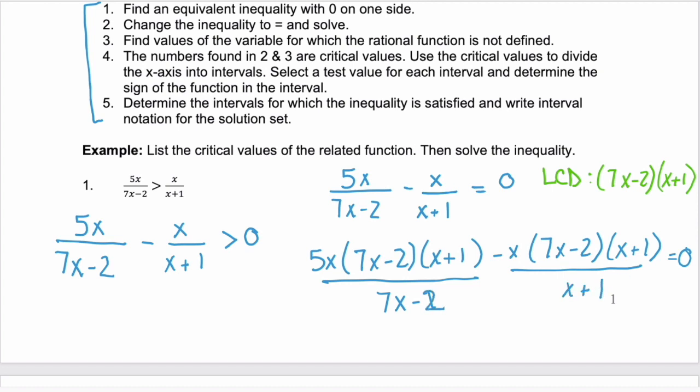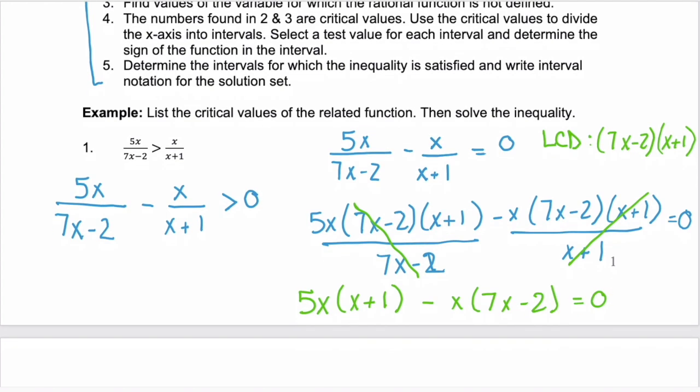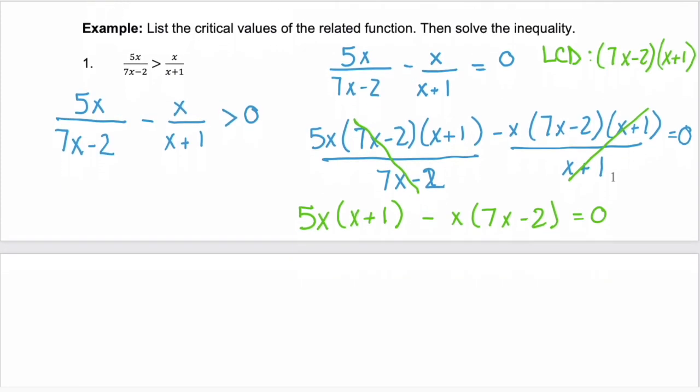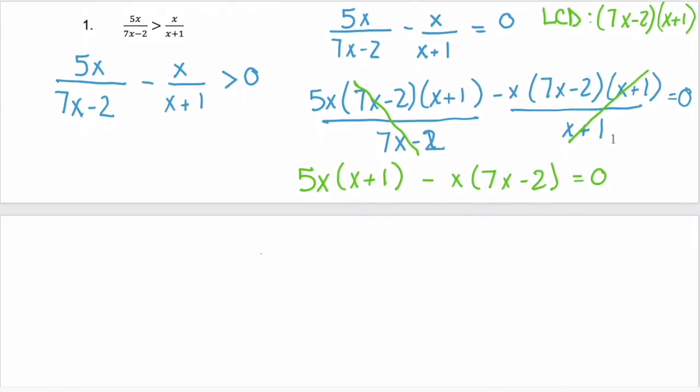Now, we want to simplify. The first term, the 7x minus 2 simplifies out as 1, and in the second term, the x plus 1 simplifies out as 1. So we're left with 5x times x plus 1 minus x times 7x minus 2 equals 0. We've got to keep on going so we can simplify this, because remember, we're trying to solve it.